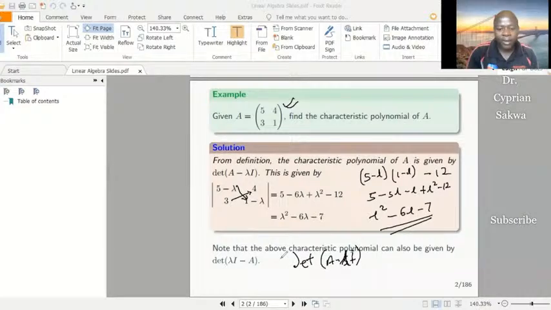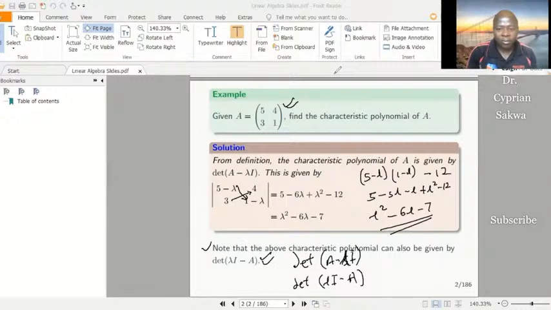What I'm saying in this statement is that you can also do it as the determinant of lambda I minus A and get the same result. So it's not a must that we take A minus lambda I. It can also be lambda I minus A, but you still get the same characteristic polynomial.